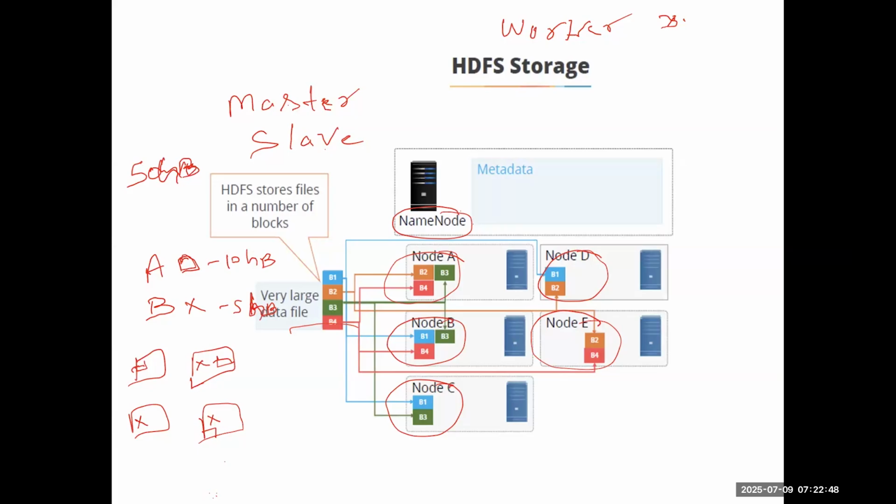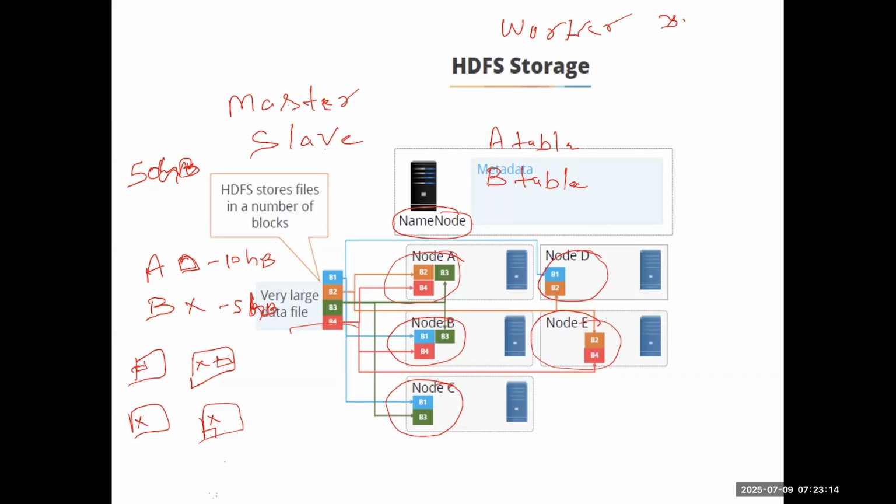Here, the name node keeps the information about where a table is stored, on which node table A is stored and on which node table B is stored. The reason is that it should know. Let's suppose you are submitting a job, you need that information. Yesterday I told you that we try to run the job where my data is present.